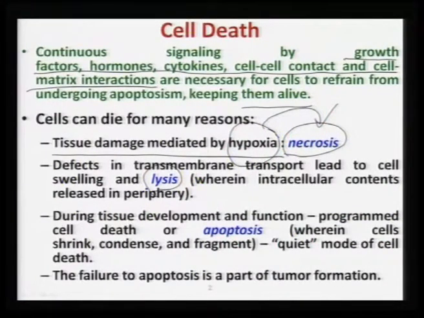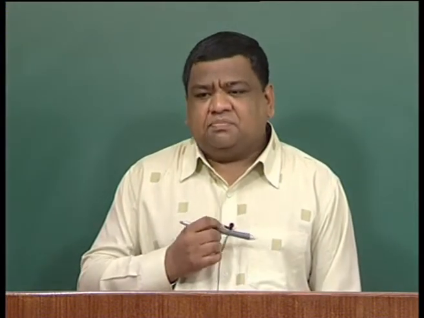During tissue development and function, programmed cell death or apoptosis takes place. Now, this apoptosis is the quiet mode of cell death. Many times you might have heard from people that a particular person undergoes a silent heart attack. Silent heart attack means that there are not enough symptoms earlier that the person will get a heart attack, and suddenly he sleeps and the next morning you find that person is dead.